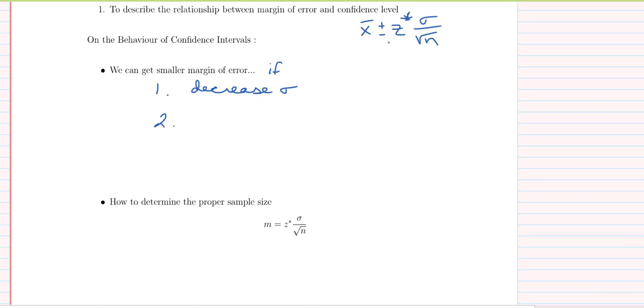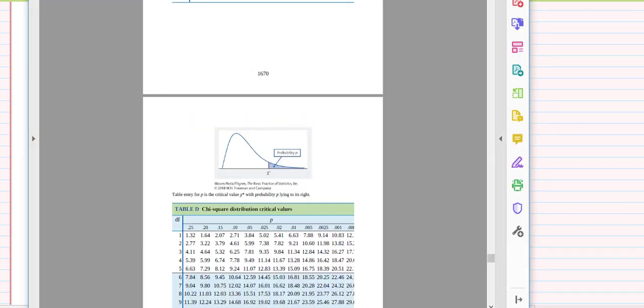Two, z star could be small. You can make that small for the same reasons as stated for number one. Remember, z star, though, represents confidence level, so the smaller it is, the lower our confidence. You can look at table C and check for yourself.